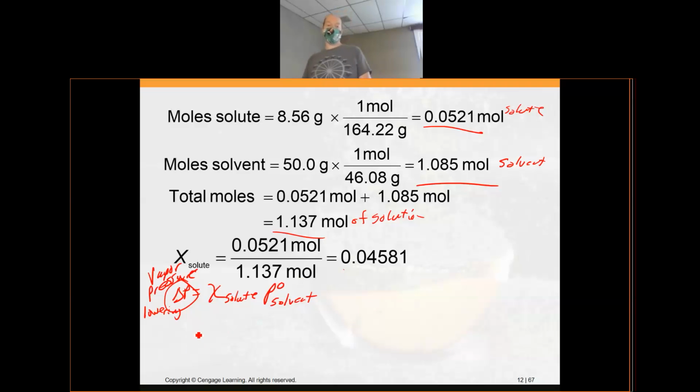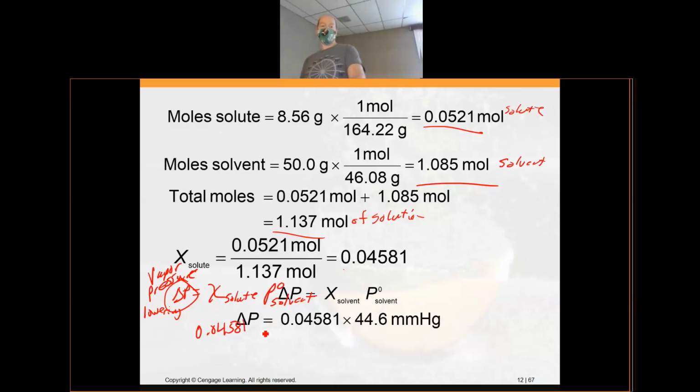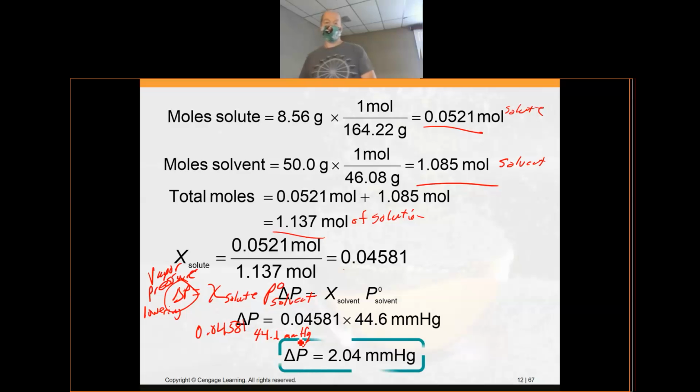So now we have the numbers we need. We have our 0.04581, and we were given the pure vapor pressure, which was 44.6 millimeters of mercury. And then when we push the buttons, we get a delta P of 2.04.